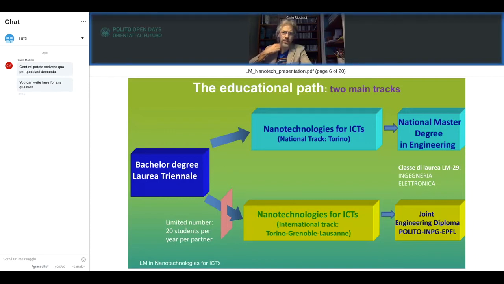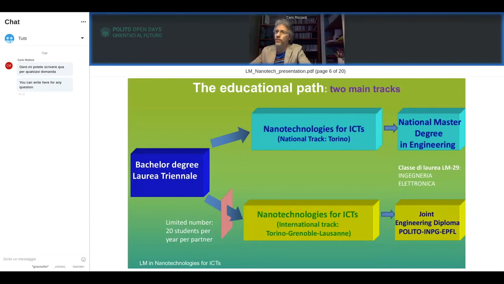That is not a very good definition that I would like to change, because all the courses that we have are international. So nanotech for ICT is international, with international students, all in English. We call it national track because at least the first year it is made entirely in Torino normally. So that's why we call it like this.